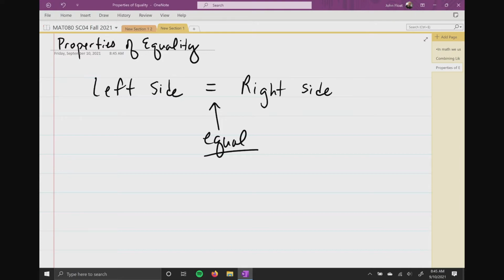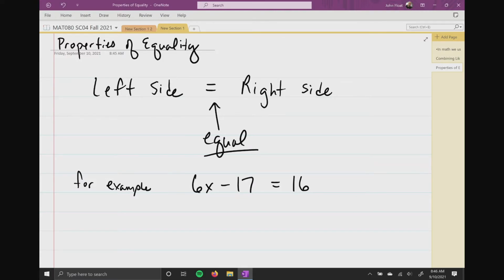So, for example, if I gave you this, how about 6 times x minus 17 equals 16? Okay?